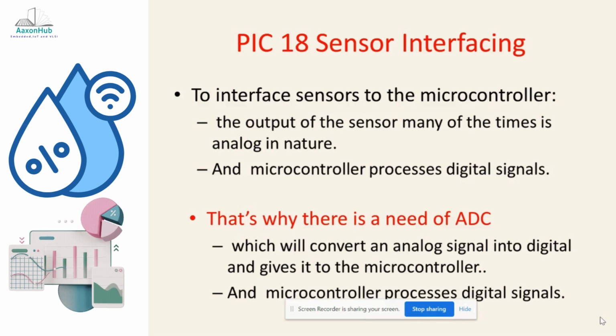So for the purpose of conversion, we require this ADC, which will convert the analog quantity coming from the sensor into digital form, and then this digital data you can pass on to your microcontroller for further controlling. That's why we require the ADC in any embedded application.